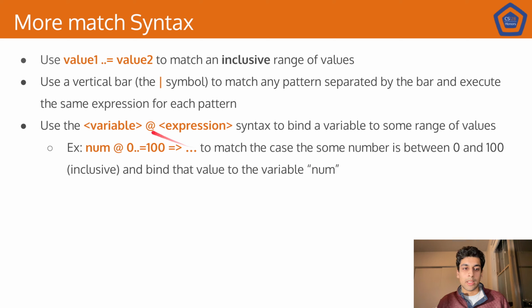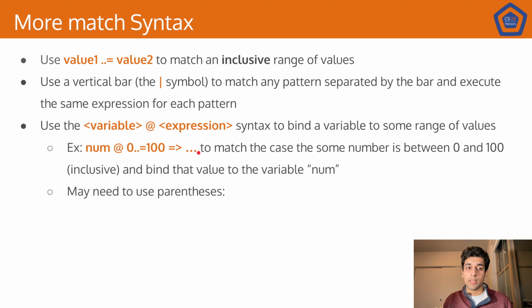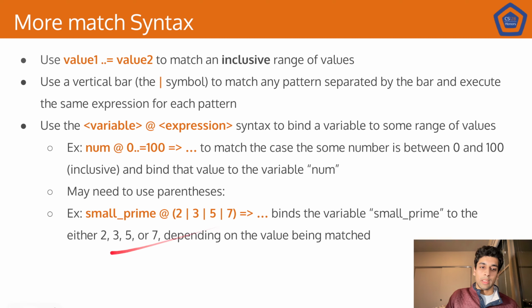So if whatever we're matching is between 0 and 100 inclusive, we'll bind that to num, and we can use num in whatever expression happens after. You might need to use parentheses if you're using something like the bar symbol. So if we match 2, 3, 5, or 7, we'll bind that to the variable small prime, and we'll get to use small prime in whatever expression happens after.